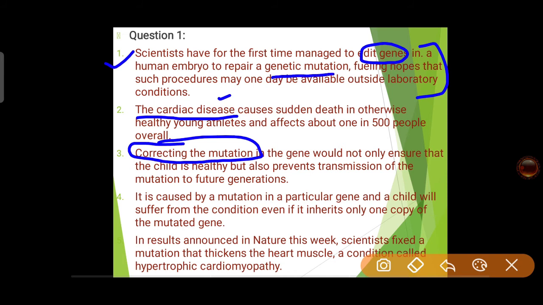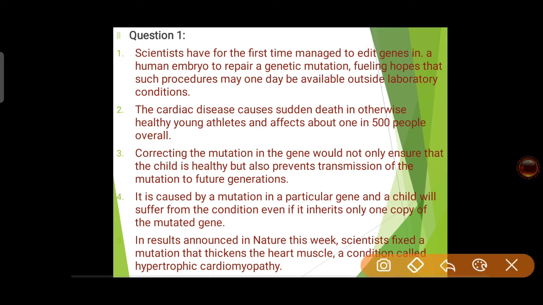Okay, next, ensure that the child is healthy but also prevents transmission of the mutation to future generations, means that correction is very helpful. Not only ensures the child is healthy but also prevents transmission of that mutation to further generation or future generation.